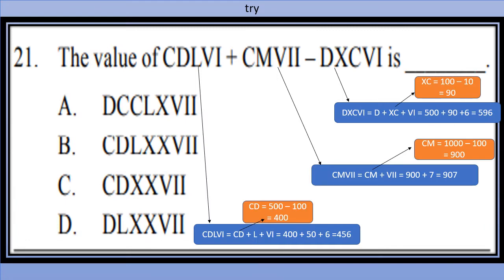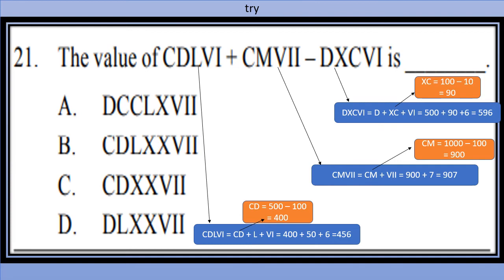Question 21. The value of CDLVI plus CMVII minus DXCVI is. Now see the value of CDLVI. We will break it into CD plus L plus VI.